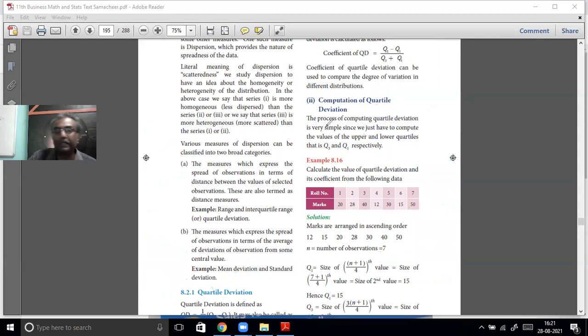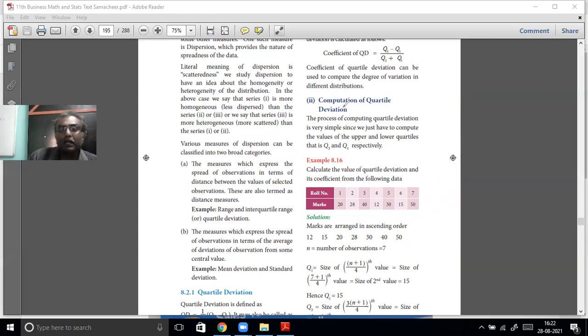So even if the mean is 9 and n is 5 for all 3 data sets, the coefficient of QD will show that the data is spread more for the third series, less spread for the second series, and very closely held for the first series, which means it is homogeneous. Homogeneous and heterogeneous you also have to remember. Heterogeneous means very much scattered. Homogeneous means all sticking together, very close together.